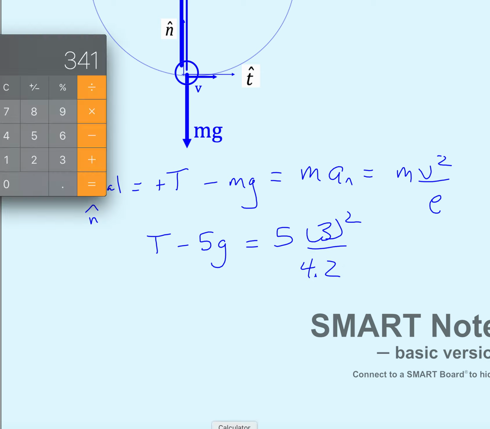So we can solve that for the tension, and we get 59.76 or 59.8 newtons.